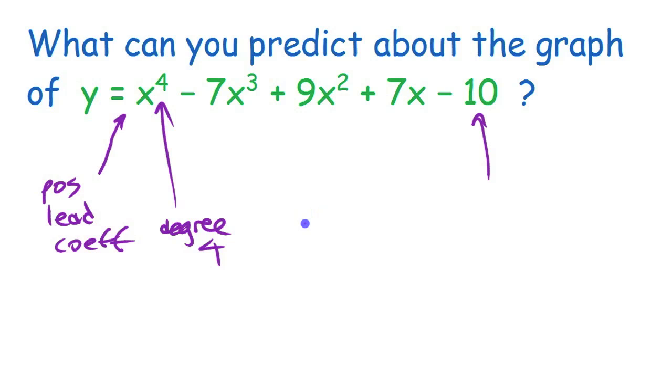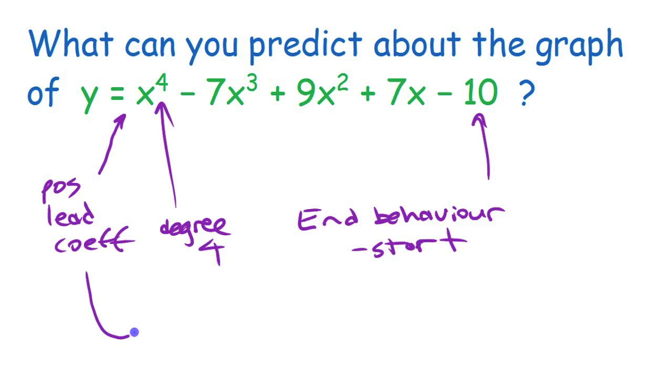So we know that it's a fourth degree function. Its end behavior is that it's got to start up in quadrant 2 because it's positive. So it's got to start there and end there.